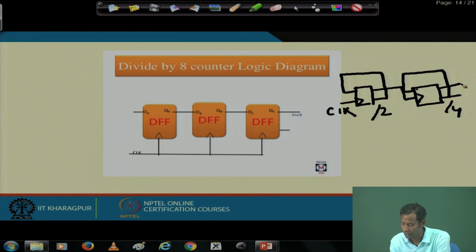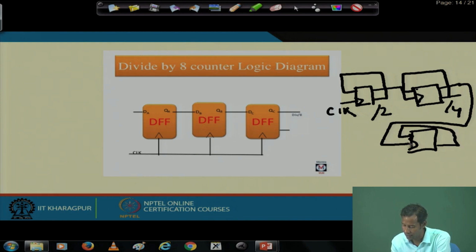Now, if I connect this to the clock of the third one, this is now divide by 8.